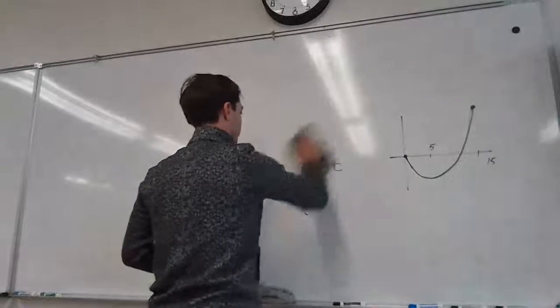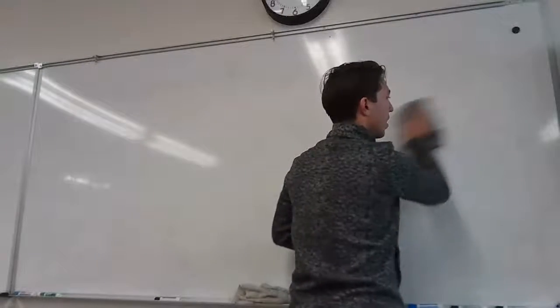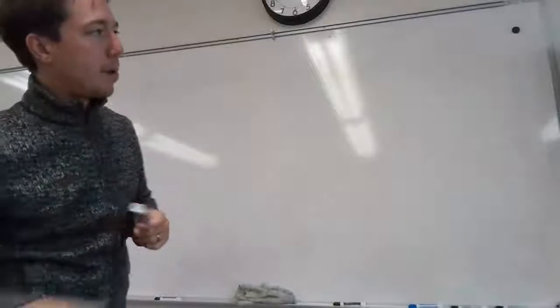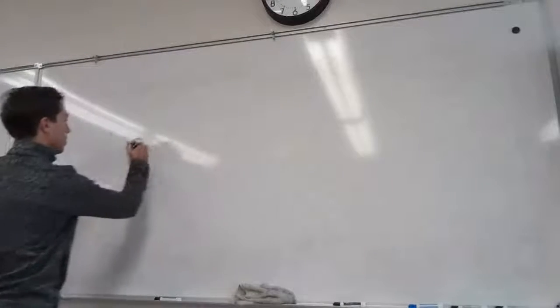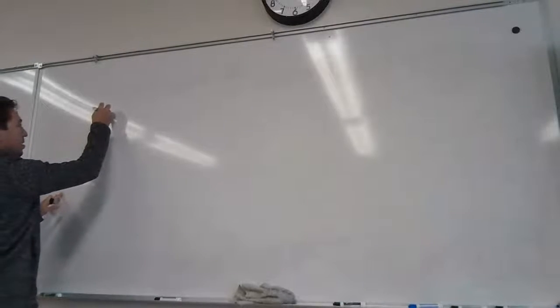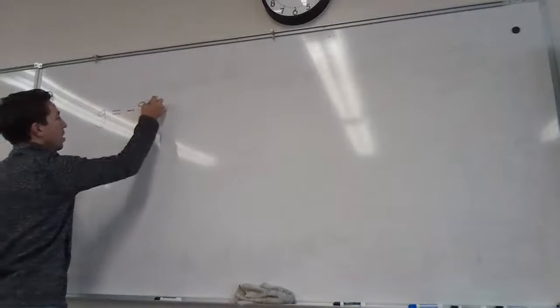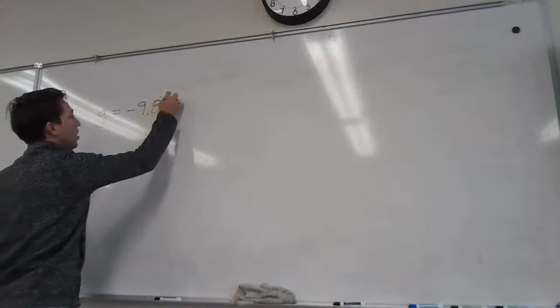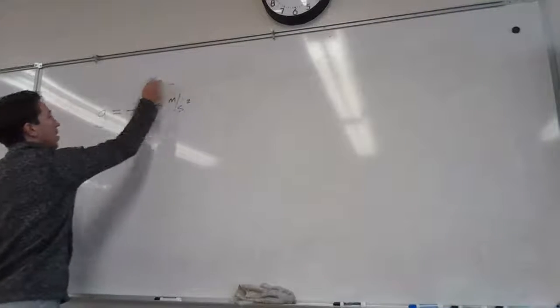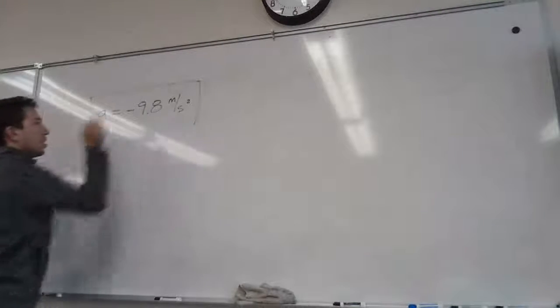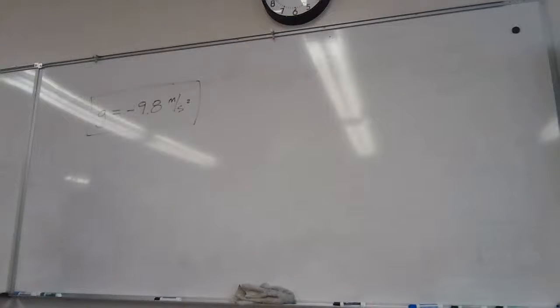So let's look at dropping a bowling ball. And I'm just going to tell you, put a big box around that, because that's the number we'll be using a lot this year.